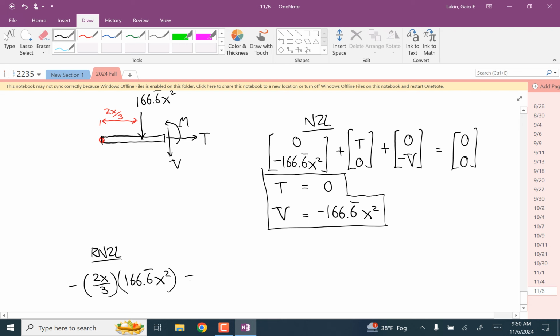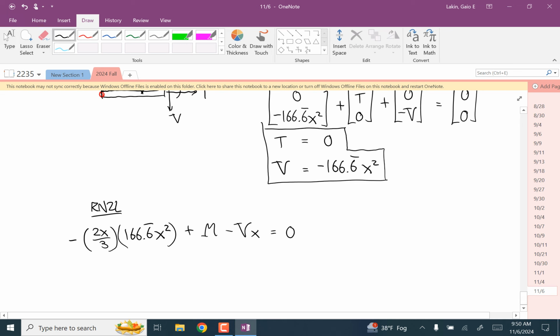And then plus M minus Vx is equal to 0. And so M is equal to, this comes out to be 111.1 repeating x cubed.